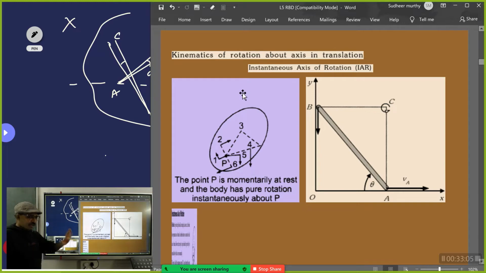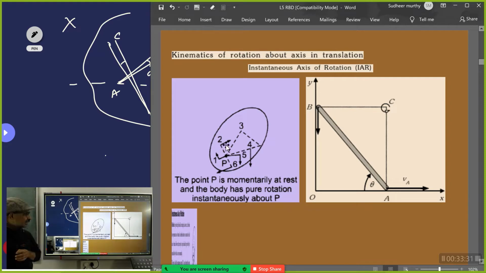Now at a particular instant of time, you have just taken a snapshot. When you take a snapshot, what are you going to capture? You are going to capture the velocity vectors of each of the points.